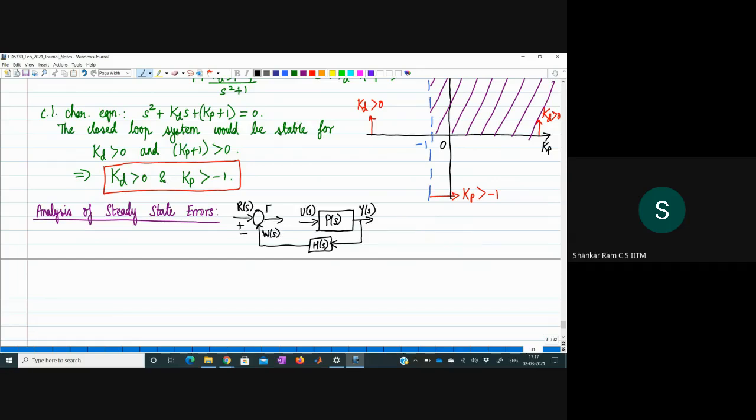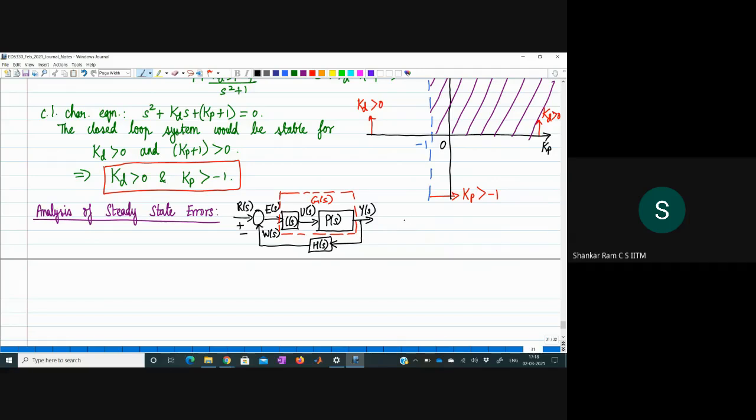Then we have the error which is passed to the controller block, which is C of s. Typically, as we know, C of s times P of s is G of s, so this is taken as a single block.